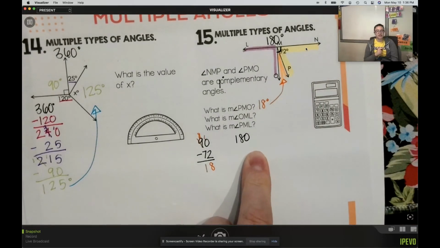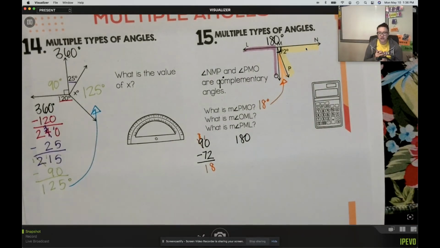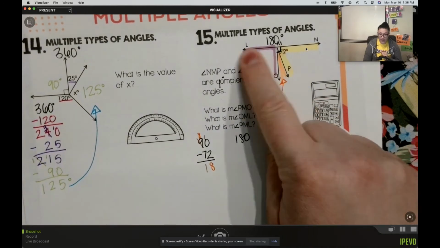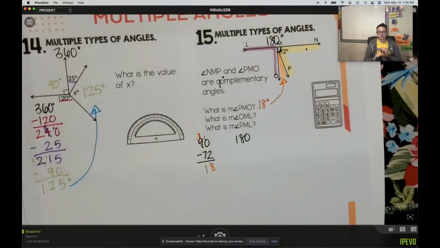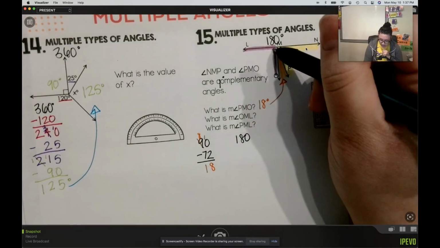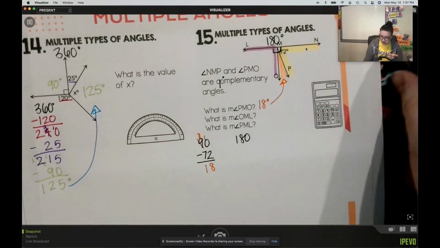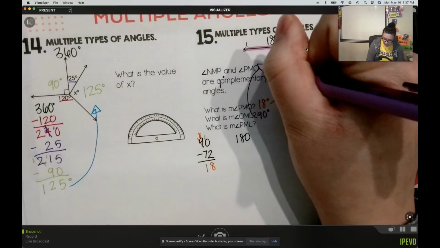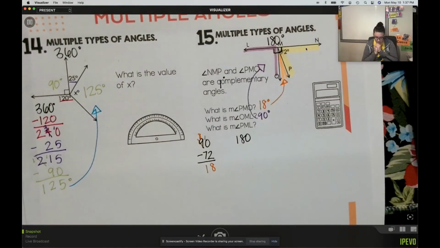There's a few different ways that you can figure this out. Pause the video and try what you think will work to figure out that purple angle, that OML. So the first thing you could think about is if this is 180, this side's 90, this side also has to be 90 degrees. That's one way to think about it.